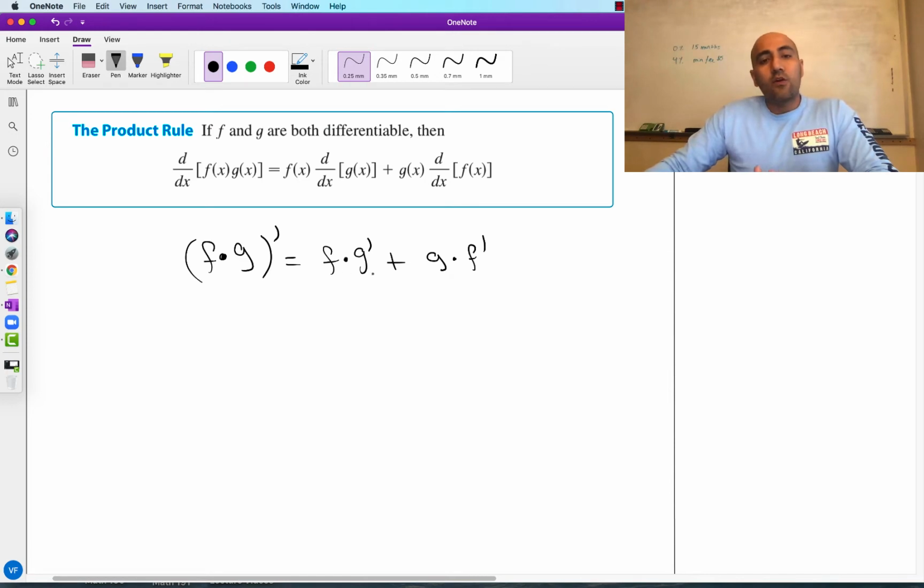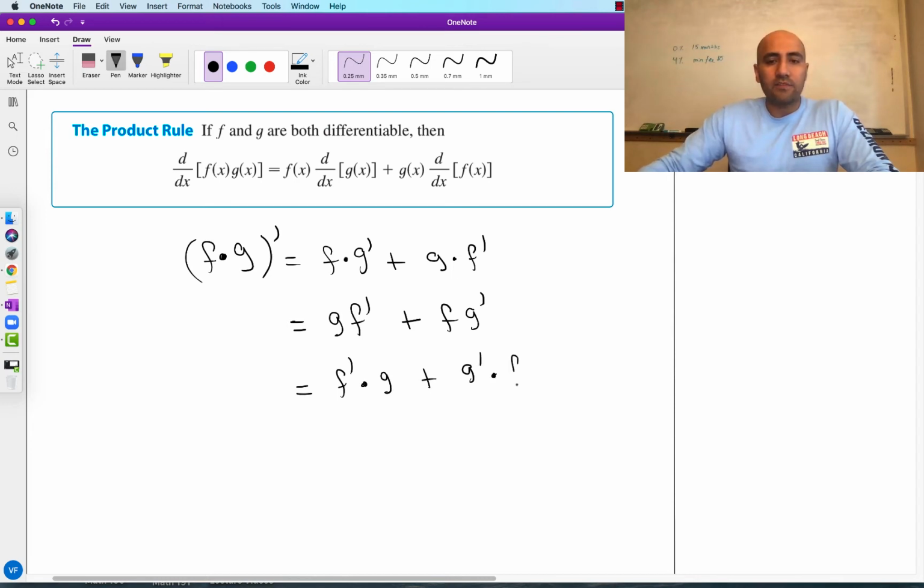Okay, so the order doesn't matter. In other words, you can easily also do something like this. You could say that it's equal to g times f prime plus f times g prime, right? Same thing. And also the order in which you write these doesn't matter. So this could also be written as f prime times g plus g prime times f, right? All of these things are all true. They all equal this.